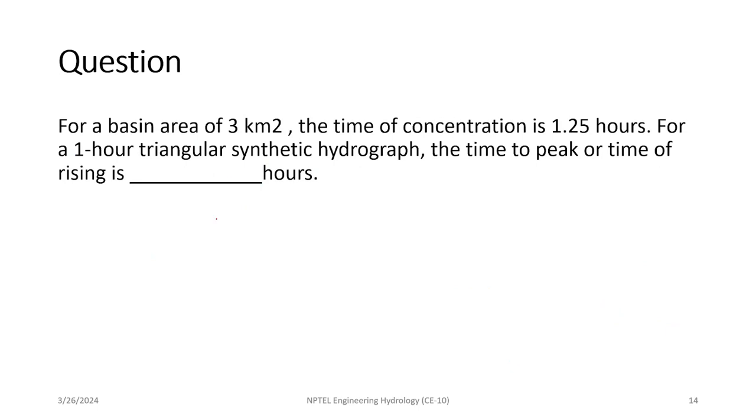So here the question is, for a basin area of 3 km square, so area is given, 3 km square only. Then time of concentration is also given, TC.